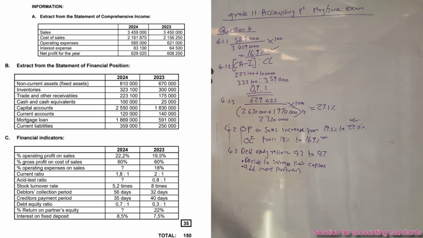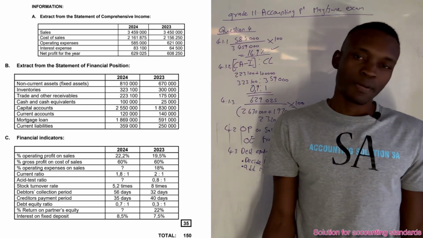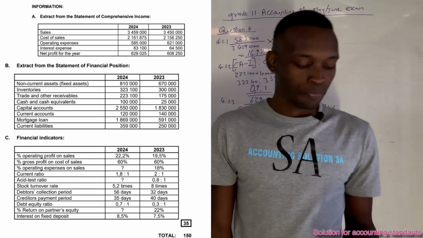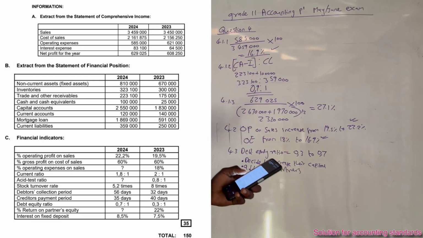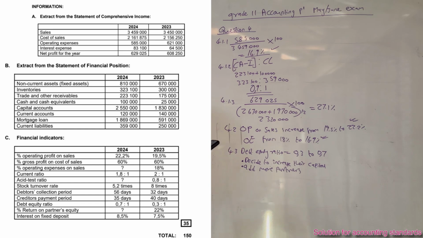Yes, if you are two in a business and you are struggling with funds, just find another partner to raise capital. It can help rather than borrowing a loan. But the more partners, the more you have to share the profit. It's another problem.